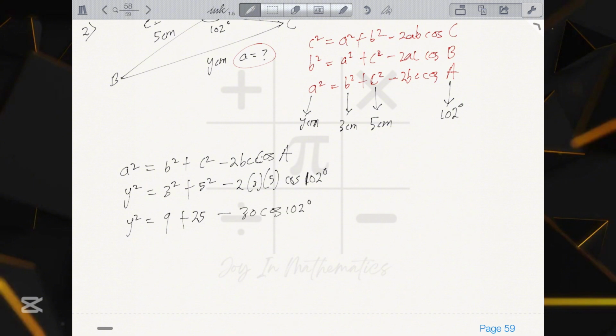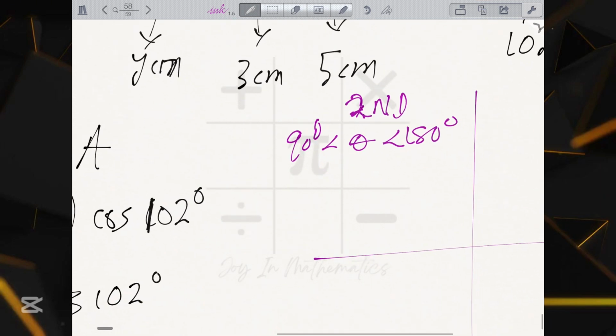Now I want to simplify cos 102 degrees, and this brings us back again to the quadrants. 102 degrees is in the second quadrant, and let's just reflect back on the second quadrant. The second quadrant is such that the angle theta is greater than 90 degrees but less than 180 degrees. And in the second quadrant, only sine is positive, all others are negative.